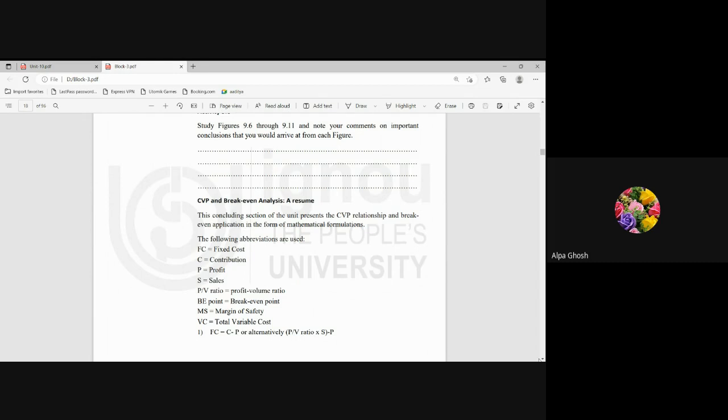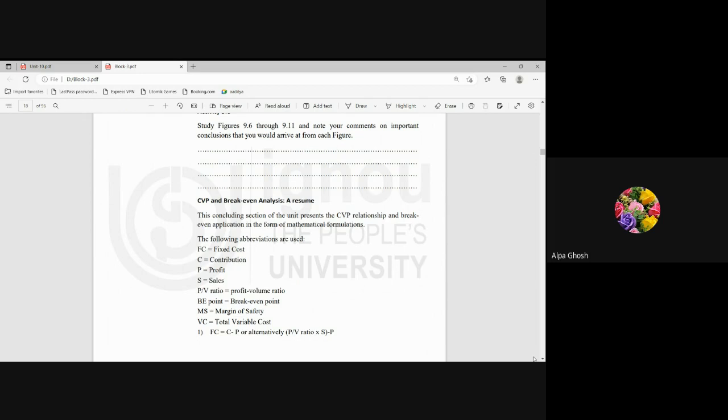Now, these are the relationships, and we will now come to the formulas, the mathematical representation of CVP and break-even analysis. For interpreting the formula, we use these following abbreviations.